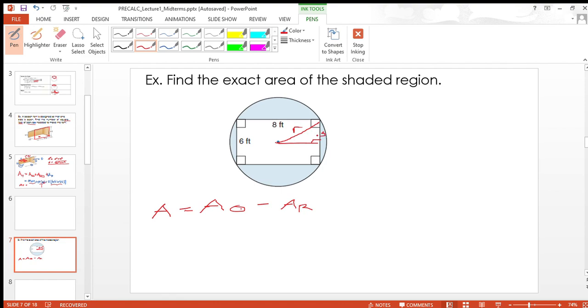This will be 3. This will be half of 8. That will be 4. Therefore, by the Pythagorean theorem, r squared is 4 squared plus 3 squared. So that's the value of r squared, which means the area of the circle by formula is pi r squared. That's the reason why I did not consider the square root anymore.